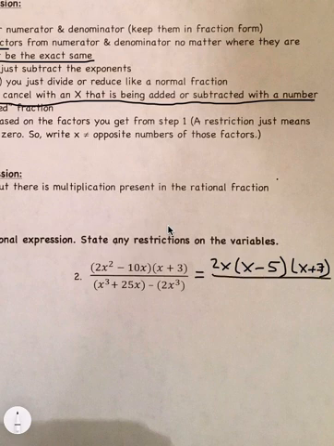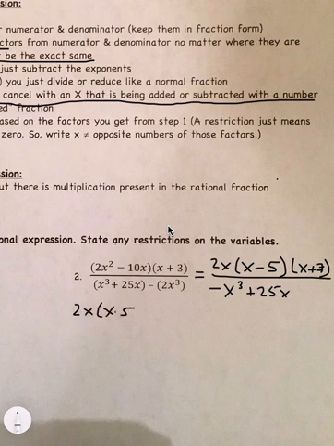Over. So we have x cubed plus 25x minus 2x cubed. So that means we have a negative x cubed plus 25x. That can still be factored. So the top we're going to leave the same. 2x times x minus 5 times x plus 3.